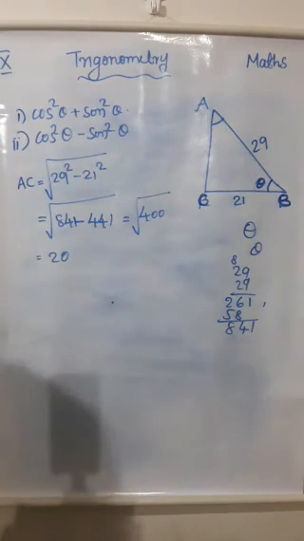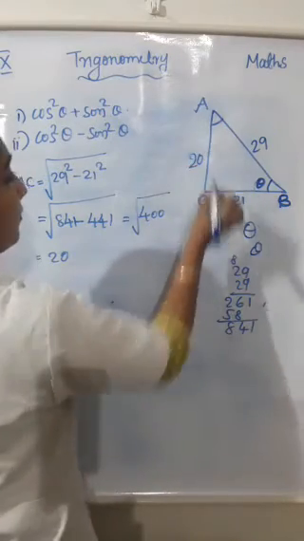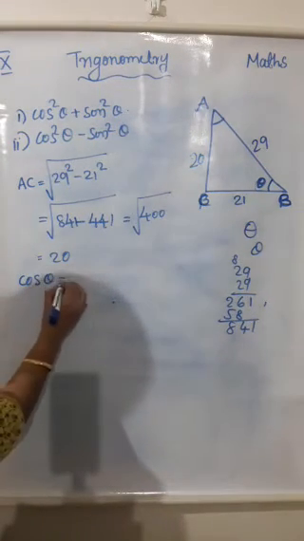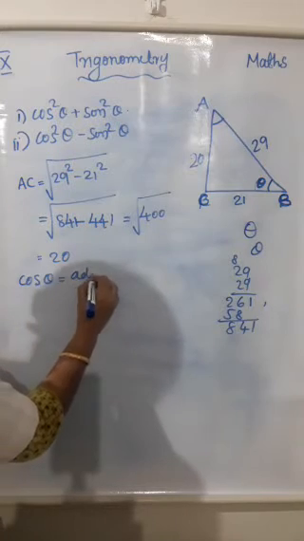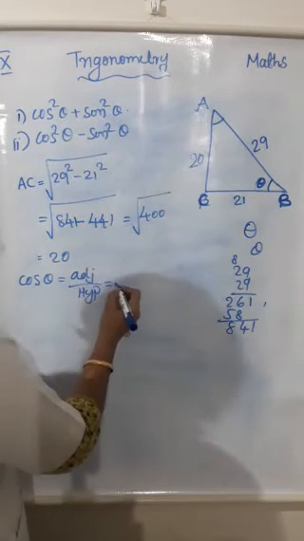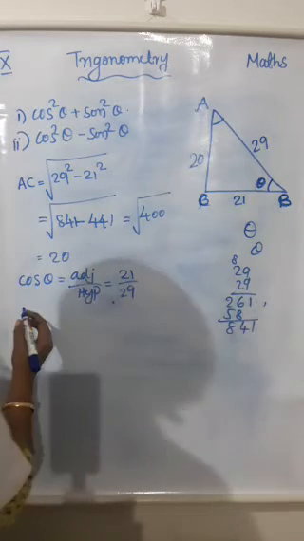So we got AC is equal to 20. Then we need to find cos theta. Cos theta is equal to adjacent side by hypotenuse. Here adjacent side is 21 by 29.